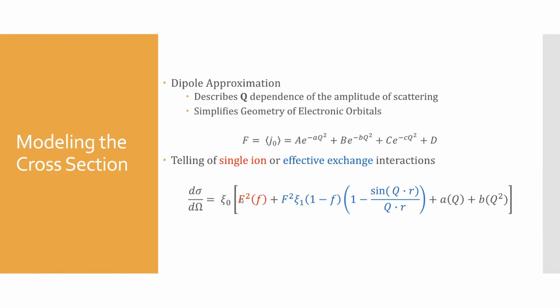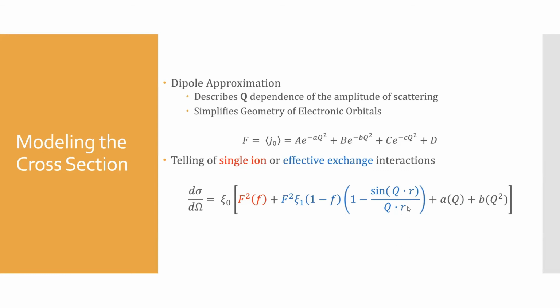So you see here, we have a lowercase f in red, which would just be the single ion. And then we have a 1 minus a lowercase f in blue times this exchange interaction equation for a dimer. And that will tell us how much dimer, or how much cluster rather, and how much single ion interaction there is within our sample.